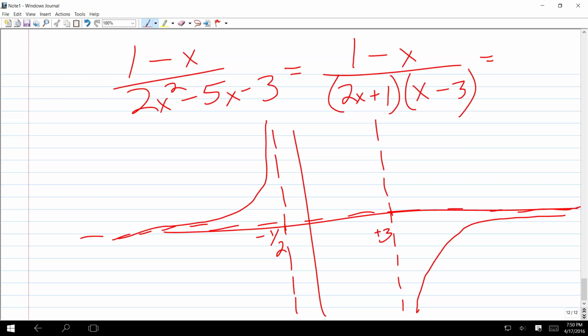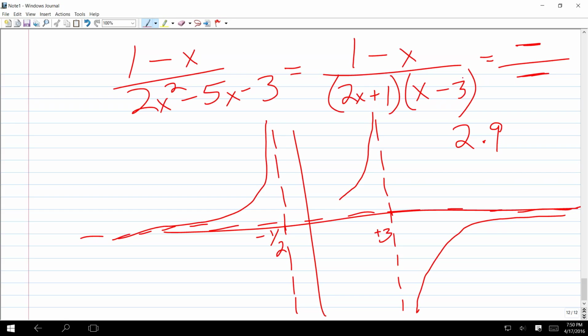Let's approach positive 3 from the left, 2.9. It's either going to be positive or negative infinity. The numerator is negative. The denominator, well, that one's positive, this one's negative, so the denominator is negative. So it must be positive infinity.